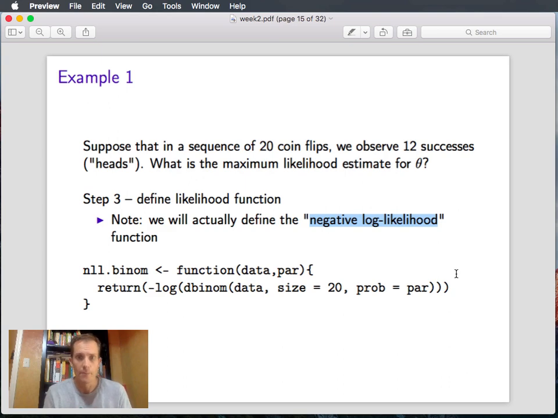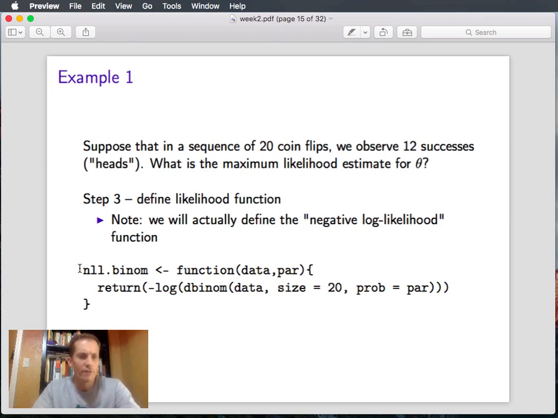It's the natural logarithm or base e logarithm that you might have studied in an algebra class. So we're going to define something that computes the negative log of the likelihood function. It's, again, not important right now to think about why that's the case, but it does work much better in computational contexts. So the way we do this is with a little bit of code.